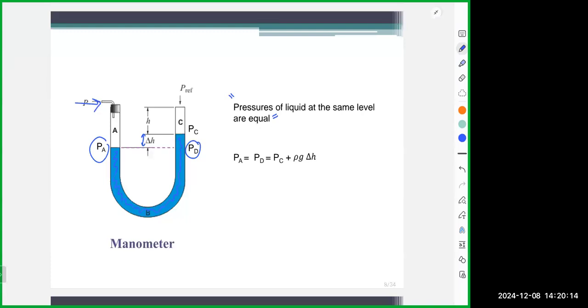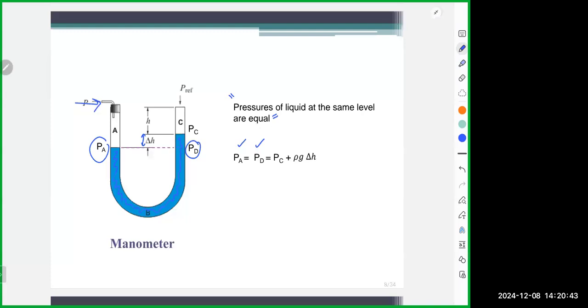Okay, so you can set that equation. And as I mentioned before, the pressure at point D would be equal to the total pressure that is already pressing on point D.